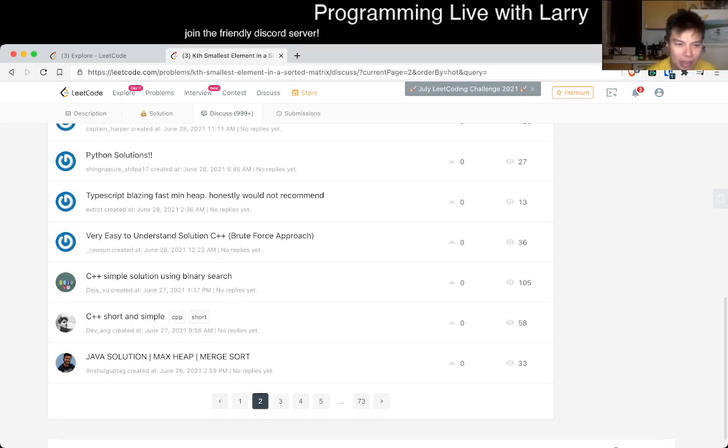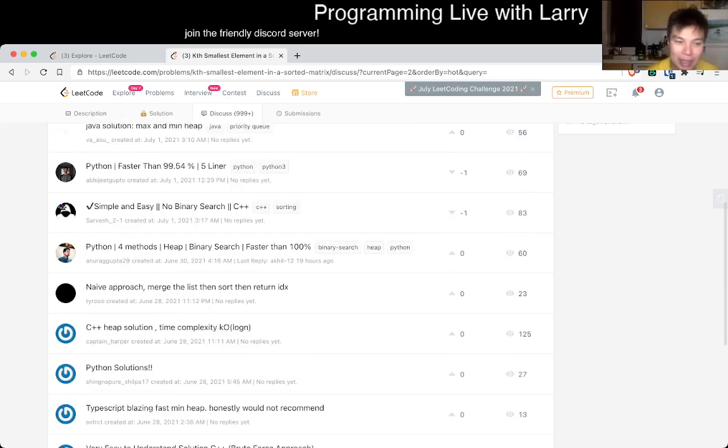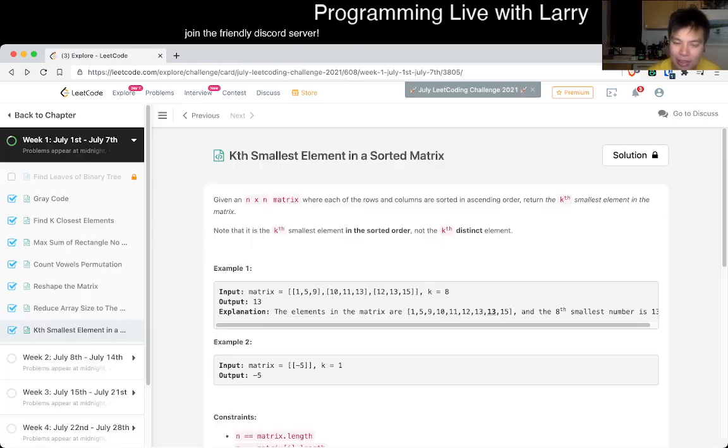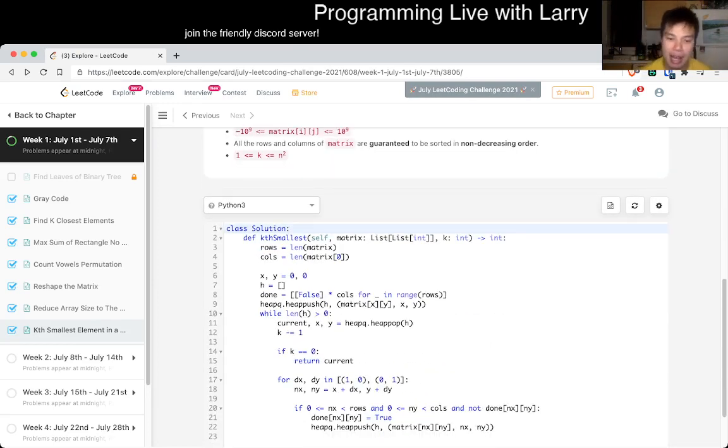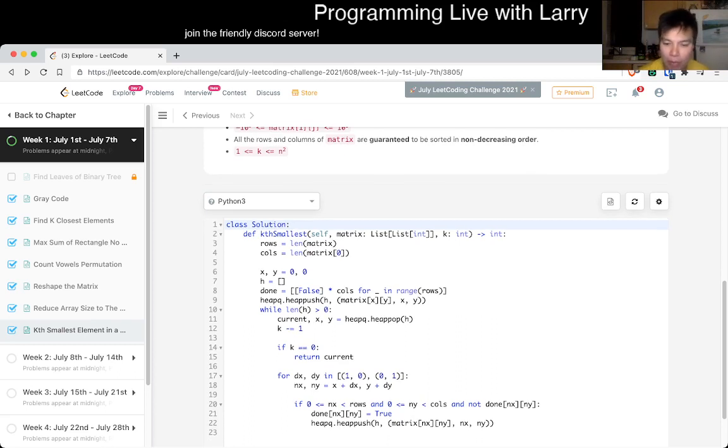So let's go over this. Obviously there's some heap solution, there's some binary search solution, and there's just a regular sorting solution. The idea here is you pop one item at a time, and the next number that we get is going to be the smallest, and in a way that will give us the answer.